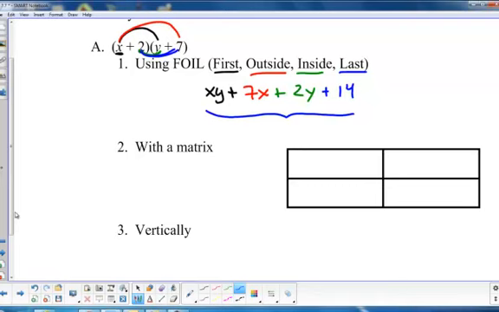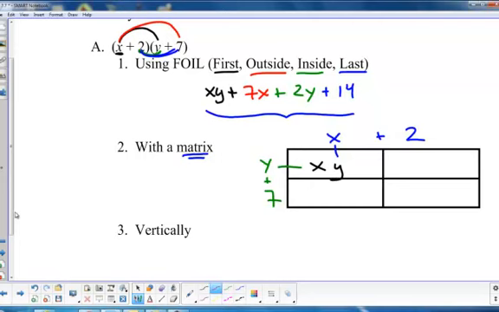We're going to look at this another way, using this thing called a little matrix here. So if I put my x plus 2 up here, and my y plus 7 right here, if I multiply the x times the y, I end up with, keep this color-coded, xy.